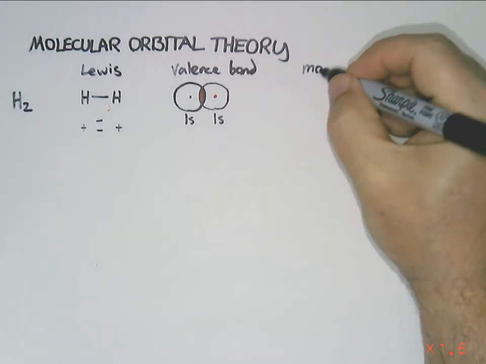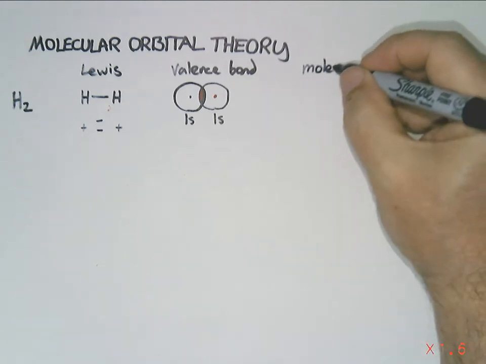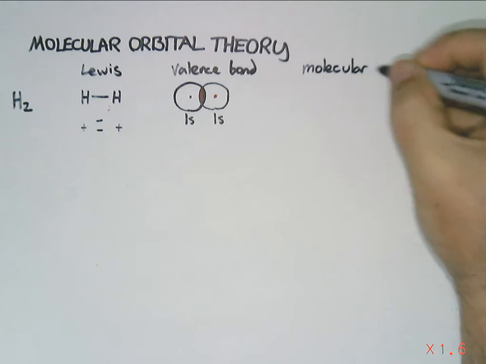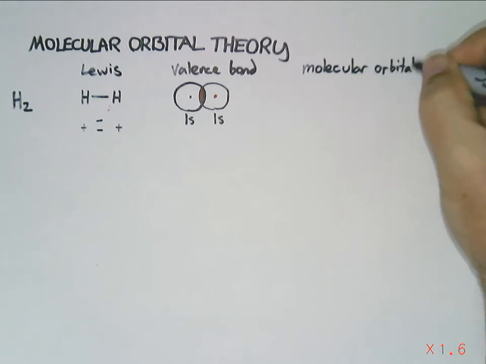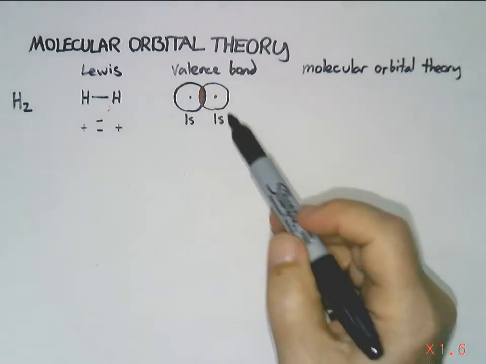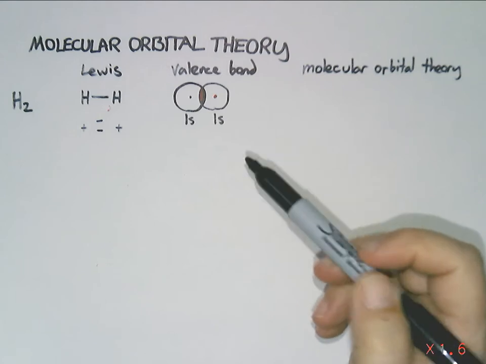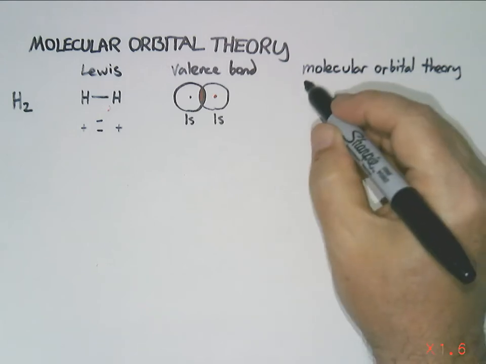This third theory looks at the orbitals like waves. Here we're drawing the orbitals in 3 dimensions, but we can also draw a graph that looks like this.